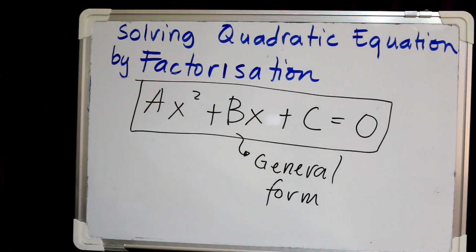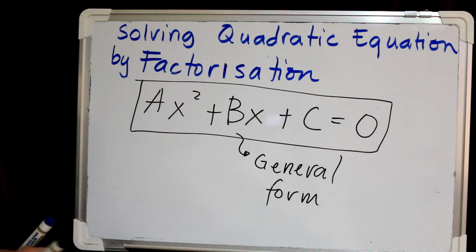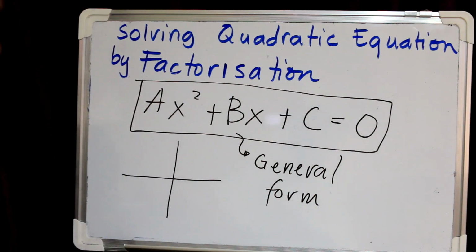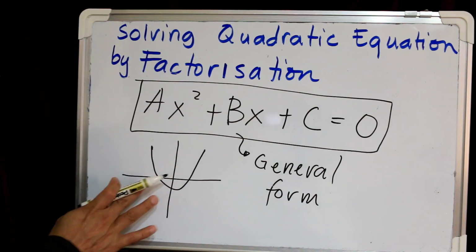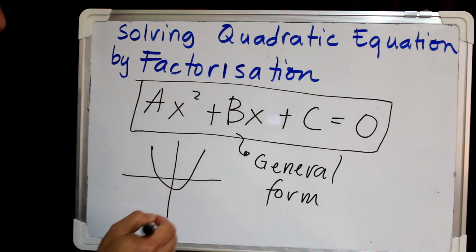So before you can solve this, now you know quadratic equation, when we graph a quadratic equation, you tend to have a parabola, right? So it should be like that. So it's a typical graph of a quadratic equation.